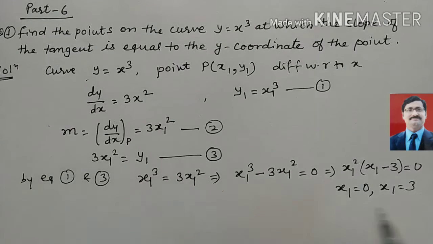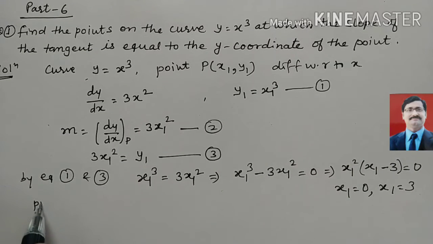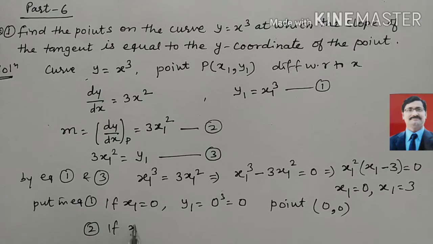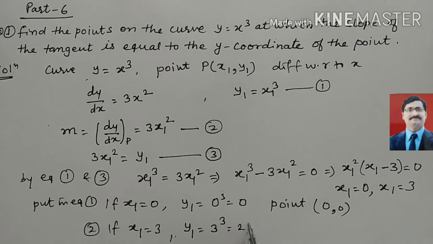So look here, these points we can put in the curve, that is, in equation 1. If x1 equal to 0, then y1 equal to 0 power 3, which is 0, so one point is (0, 0). For the second point, if x1 equal to 3, then y1 will be equal to 3 power 3, that is 27.